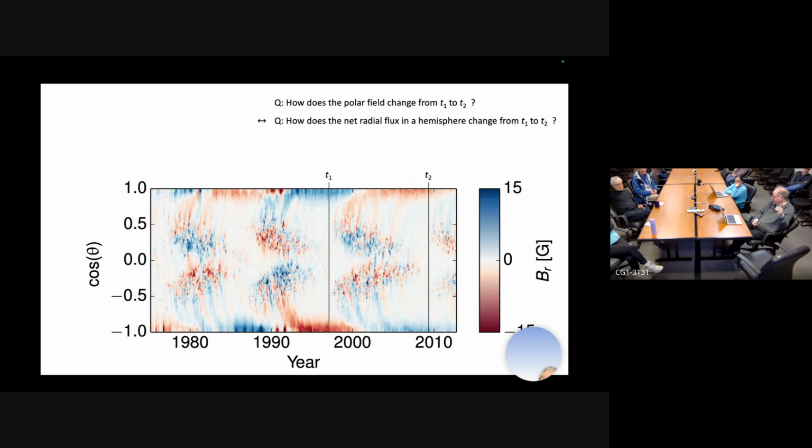Because this is in terms of cos theta, the y-axis is equal area, so it being all white in the middle and blue and red at the poles tells you that the total flux in each hemisphere is dominated by the polar fields. So instead of asking how the polar fields change, we can ask how the net radial flux in each hemisphere changes.